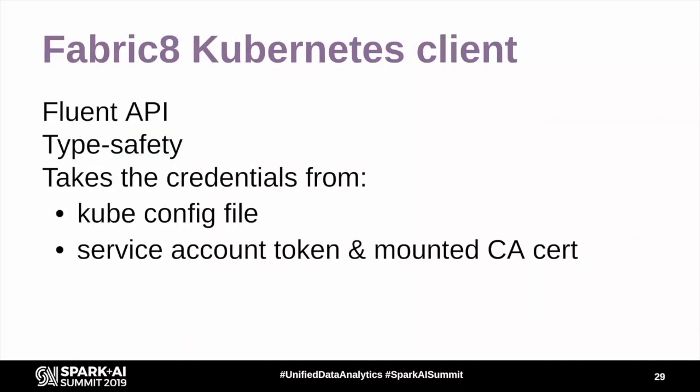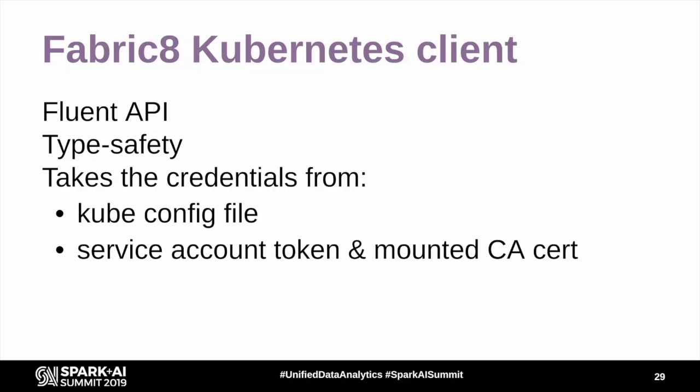So it was achieved by using the Fabric8 Kubernetes Client, which is a library written in Java that can communicate with Kubernetes. I like it because it provides a fluent API for talking to Kubernetes. It's type safe, so you can't make a typo in some schema and then figure it out in production.